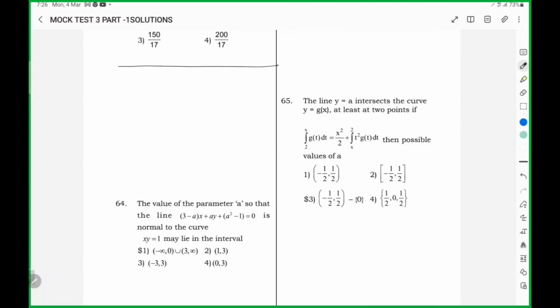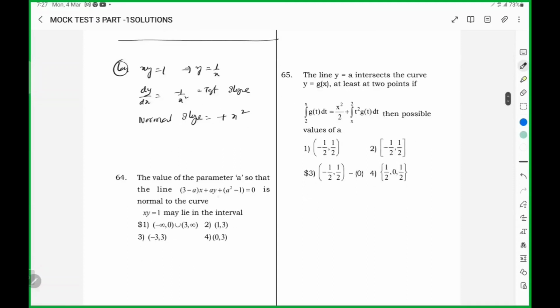Sixty-fourth one. The value of the parameter a so that the line is normal to the curve. Differentiating the curve, it is the tangent slope. Normal slope will be minus of 3 minus a by a.